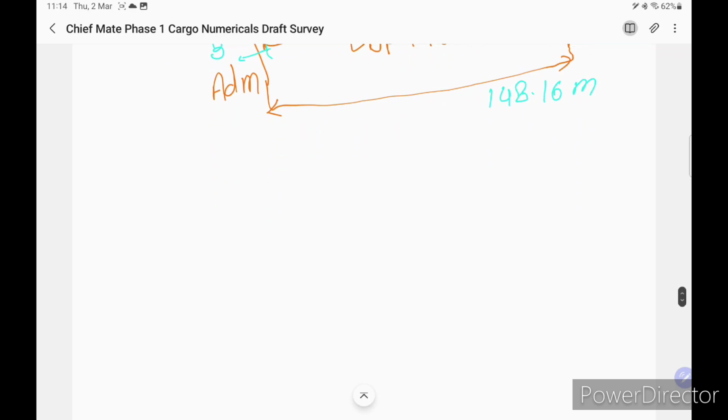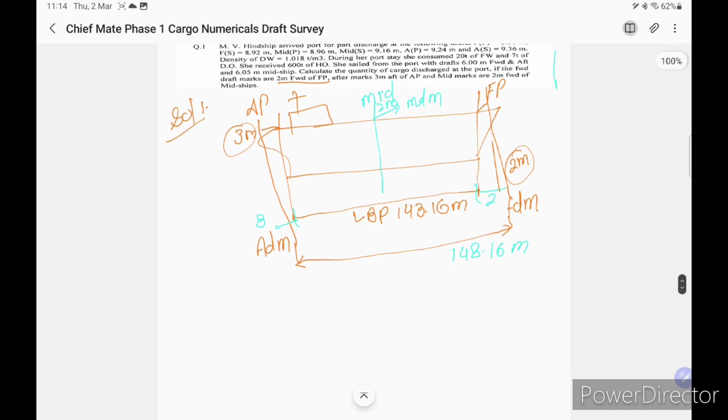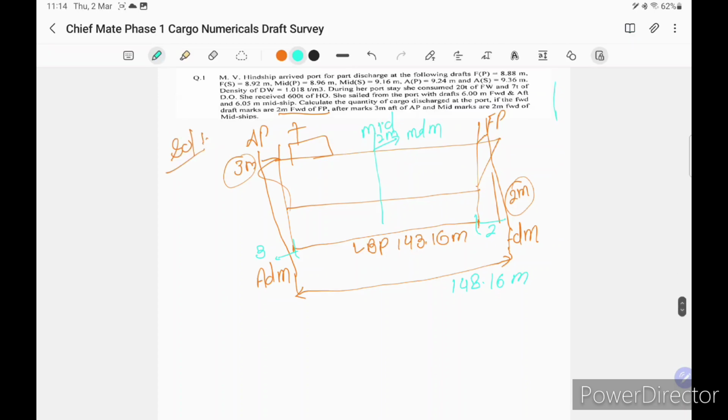Now, so we have forward port side, forward starboard side, 8.88 meters, 8.92 meters given here.